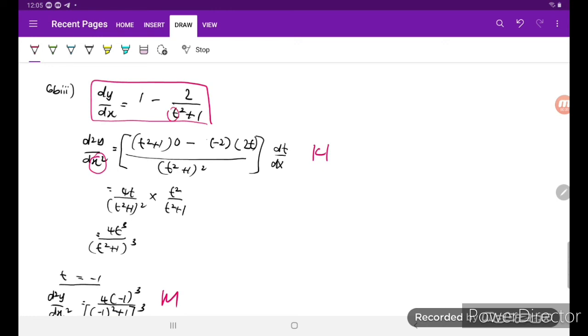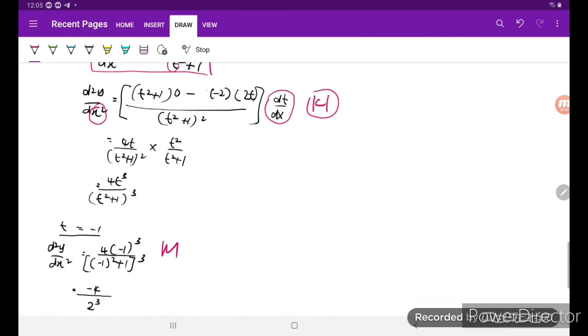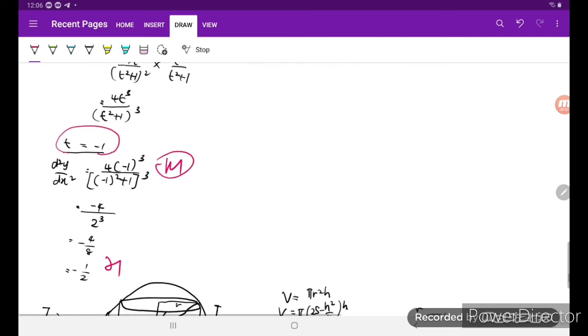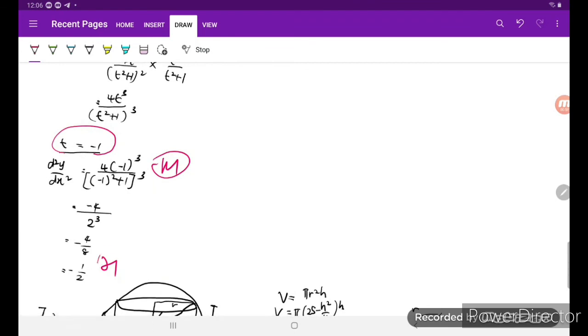So we do quotient rule here, and then times with dt over dx. So we get 1 mark for implicit differentiation. And then we simplify, and then we substitute with t equals to -1. So we substitute, we get K1, and the answer -1/2 is J1.